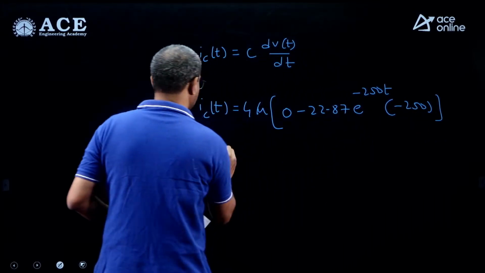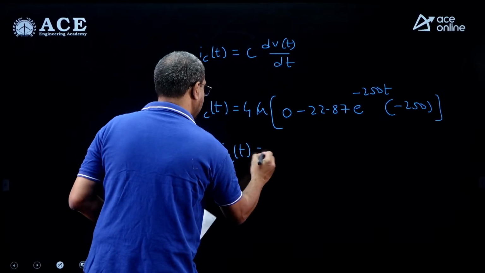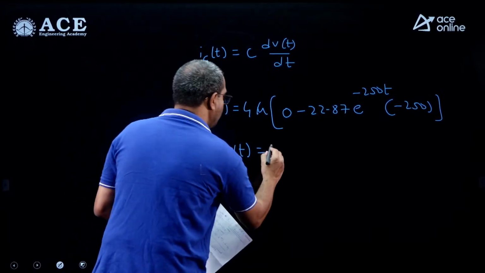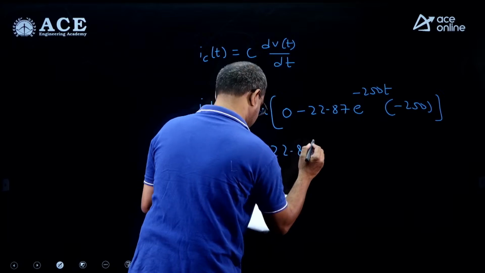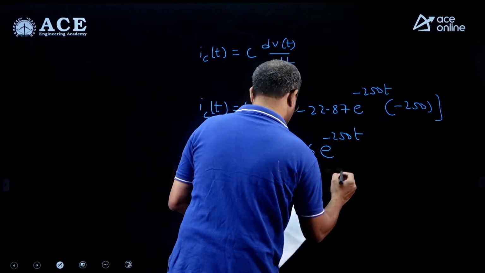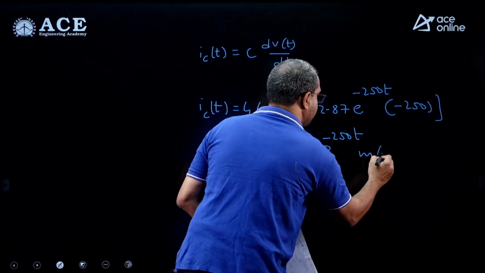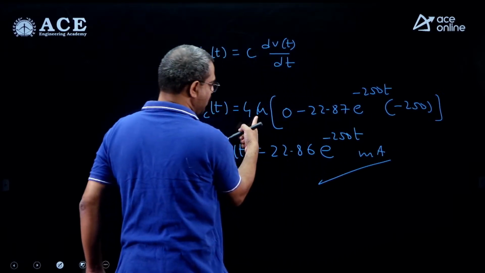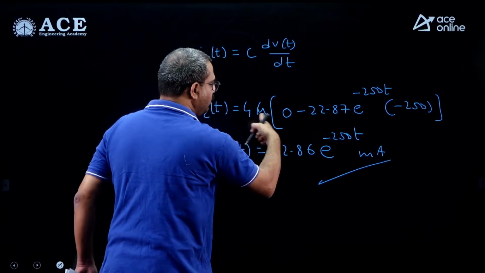If you do that, you will finally get accurately 22.86 e power minus 250 t, in milliampere, because micro is there and you convert into milli.